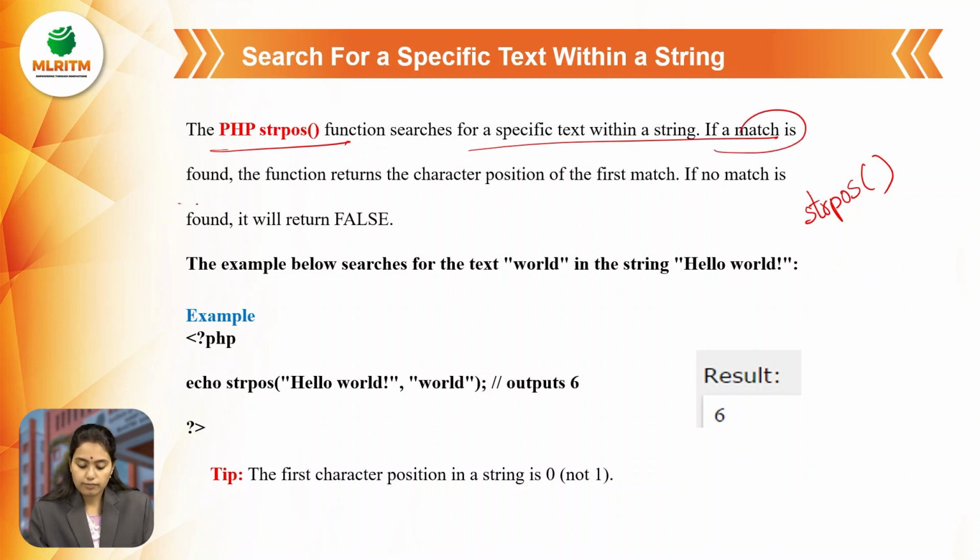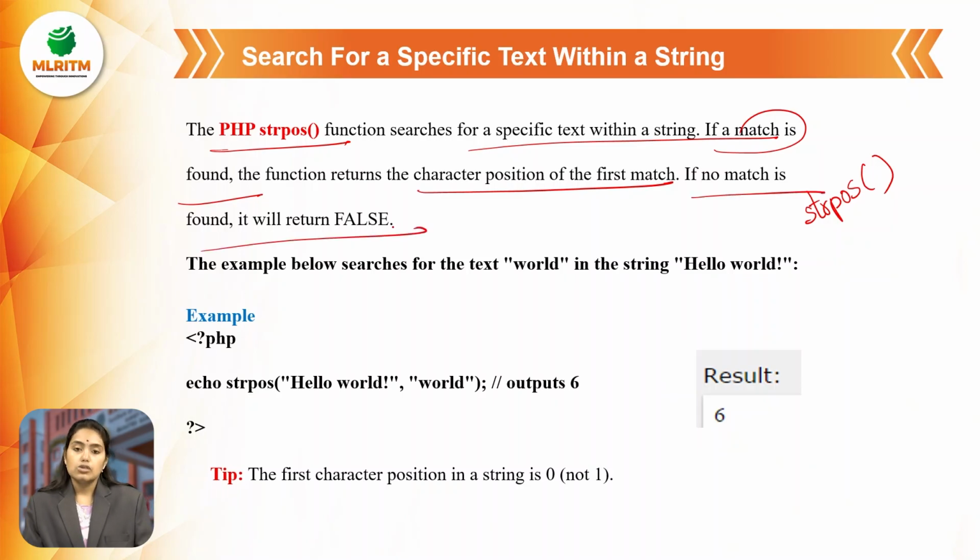If a match is found, the function returns the character position of the first match. If no match, it will return false. So after using string position, if the text is found, it will return the position number, or else it will result as false.